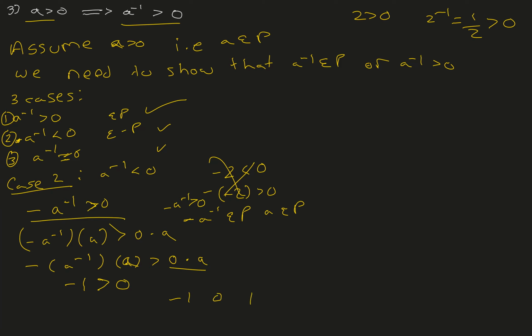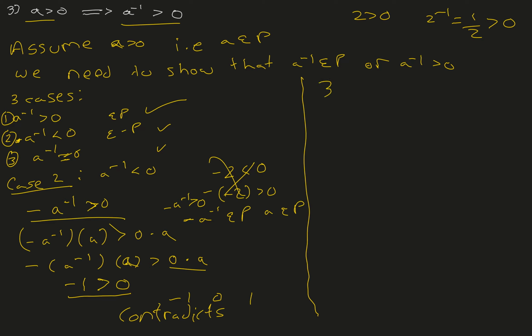So this statement that negative 1 is greater than 0 is a contradiction. Because of this contradiction, we now know that case 2 is absolutely wrong, because negative 1 can never be greater than 0.